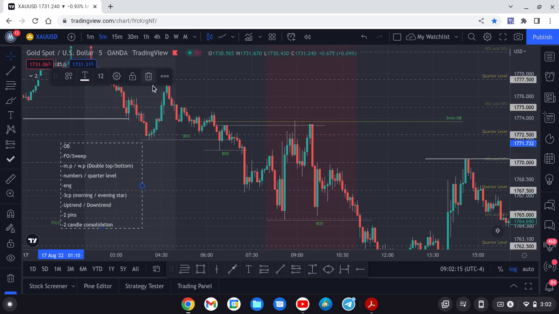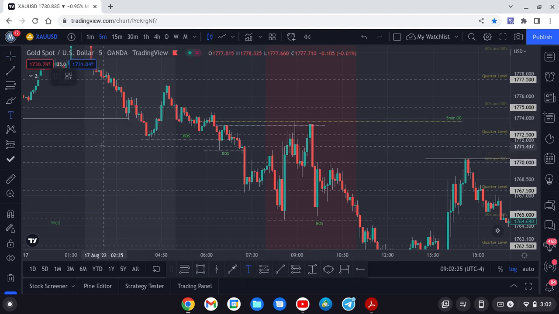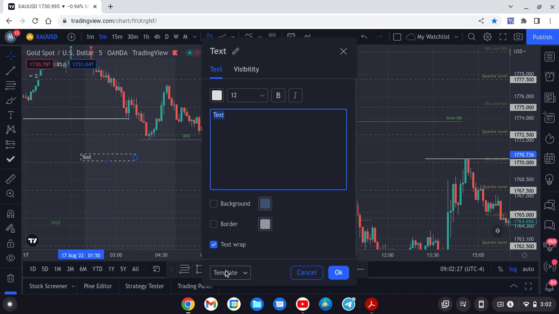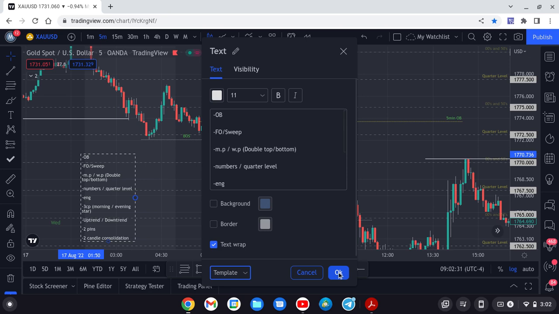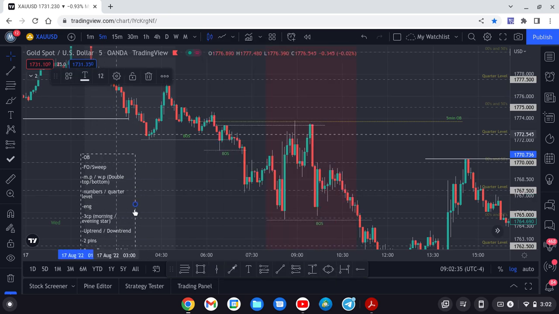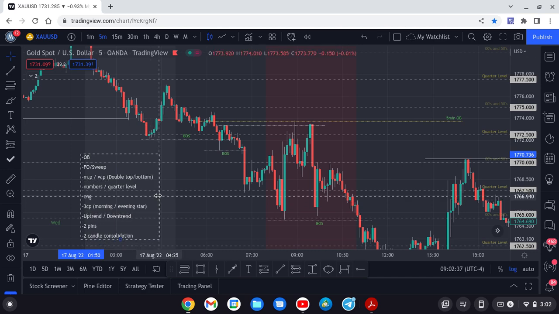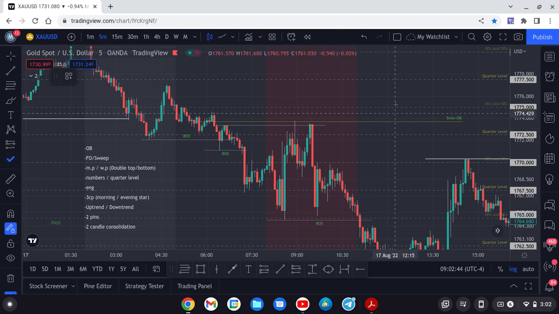So I will draw an order block, and when I see a place where price could make a sweep or a fake out, I then pull out this text box right here that I will use. Okay, let's just make it a bit more visible for you folks. Now, what we see here, we have an order block.